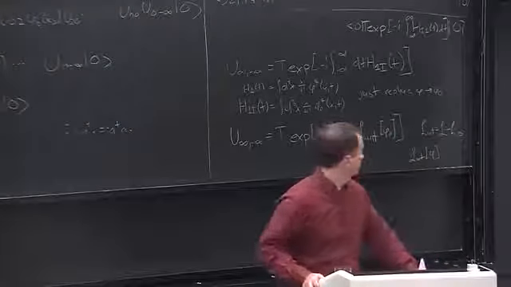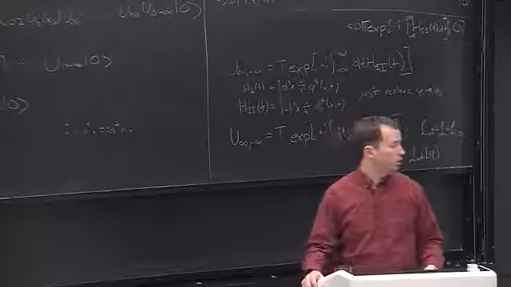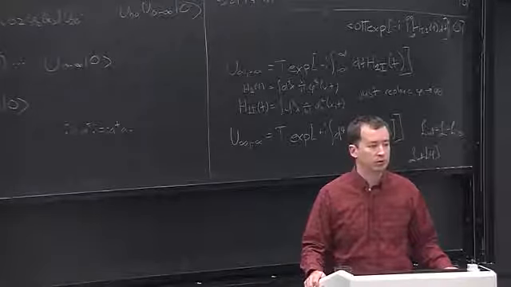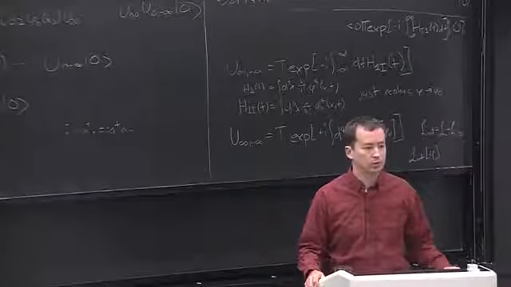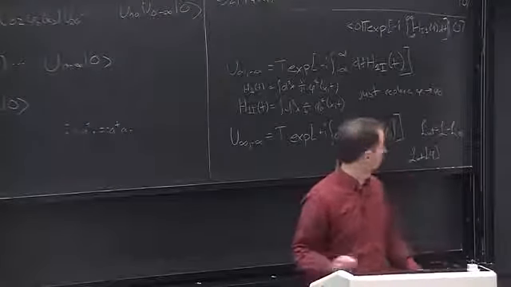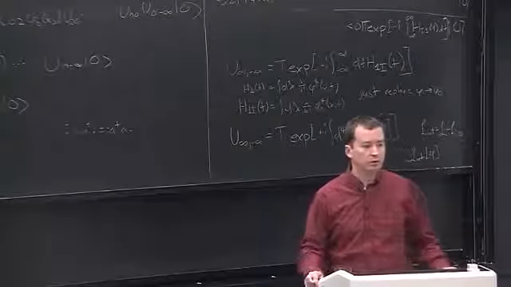That's most often the case. Sometimes we'll be interested in cases where we have derivative couplings, but those can introduce additional subtleties. So for the near future, we'll just be focusing on the case.